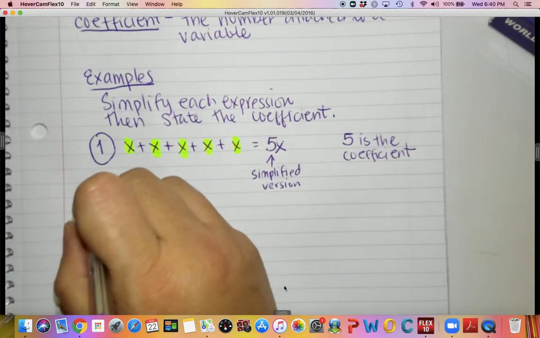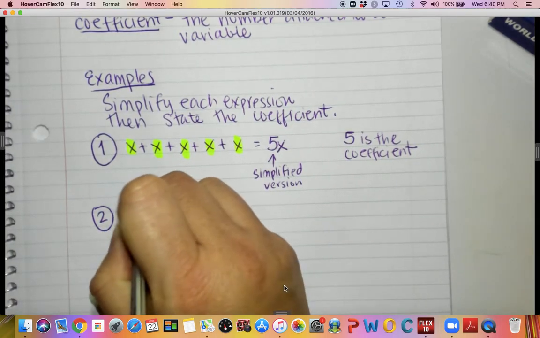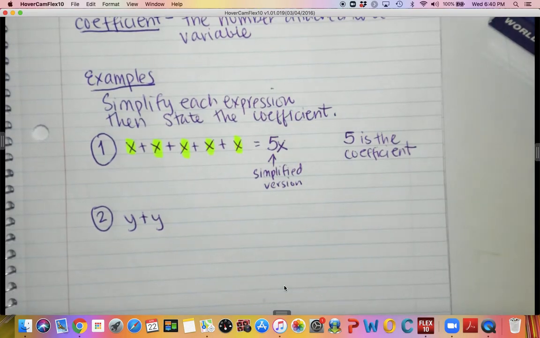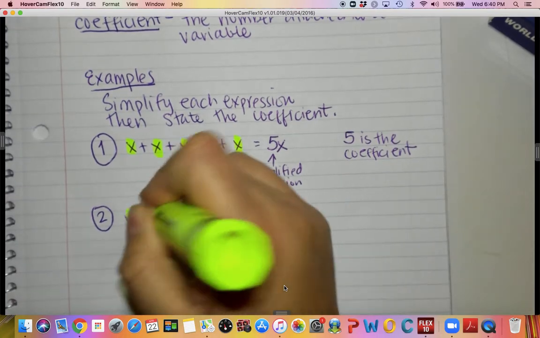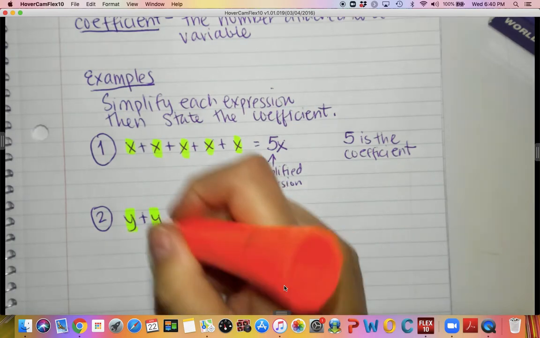All right, let's do another example where I'm going to have more variables. So I'm going to do y plus y plus 6. These y's are the same, but the 6 is different.